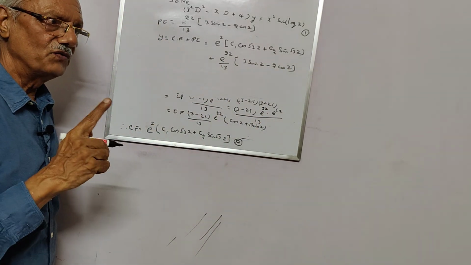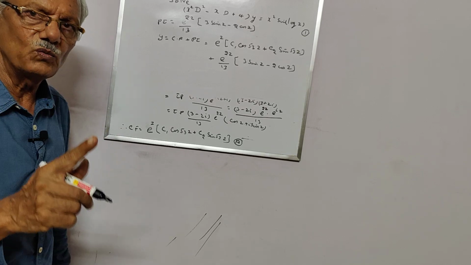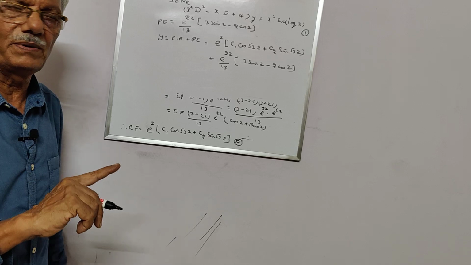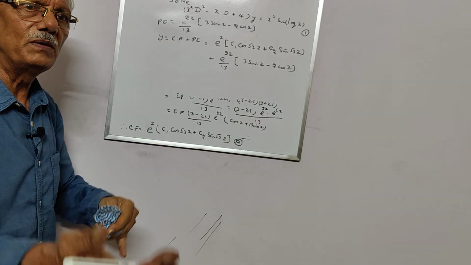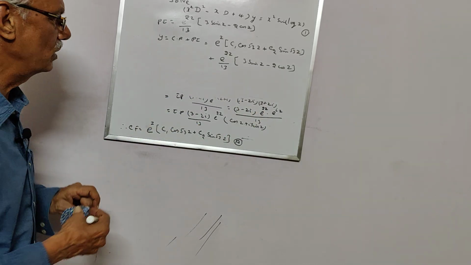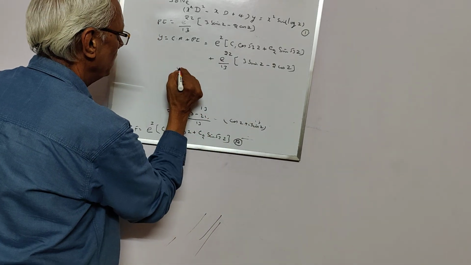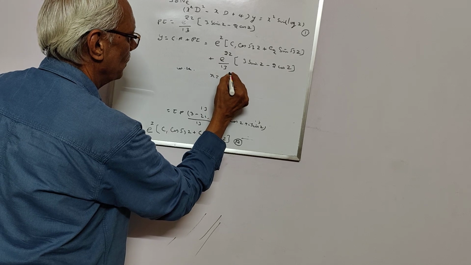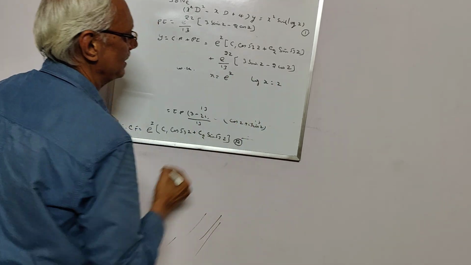But we are having it in terms of y and z, but it has to be given only in terms of y and x, because x is independent, y is the dependent variable. Here we have changed to z, therefore z should be brought back to x form. But we know that x is equal to e to the power of z, and therefore log x is equal to z.